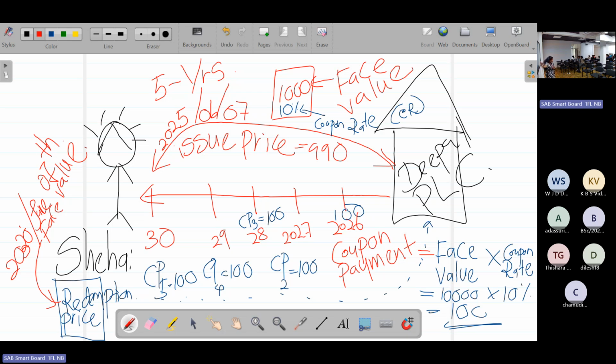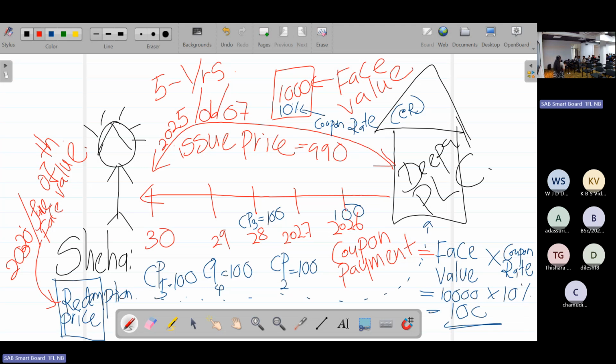At the end of the maturity period, Shehan presents these bond papers to the company and requests the funds that he has given, which is called the redemption funds. Any question from this one? Okay, hope it is clear to you.